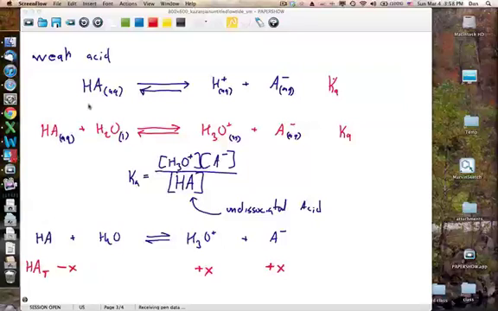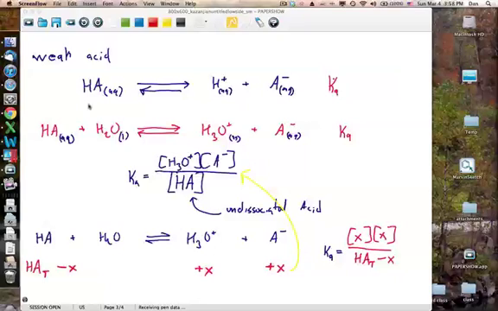And then we can plug these values back into the equilibrium constant, and get the following. Ka would be equal to, because H3O plus is the same, plus X, over weak acid minus X. Now you can run through the math and you'll see that this is a square term, and we can do the quadratic and solve it.